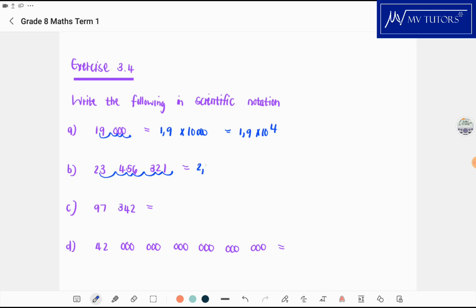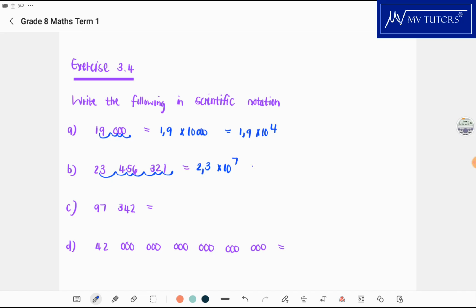That's much simpler, né? 2,3,4. If I round to 1 decimal place, 2,3, times 10 to the 7. That's how much we moved: 1, 2, 3, 4, 5, 6, 7.